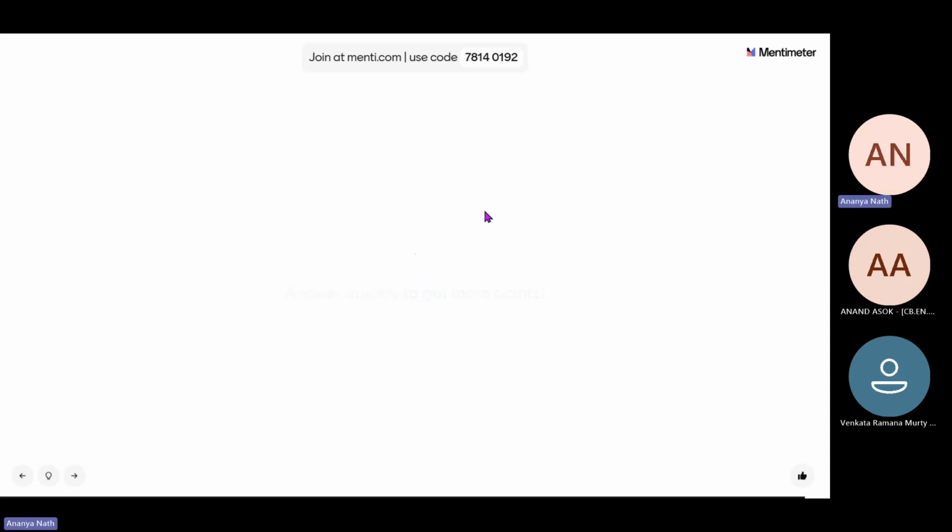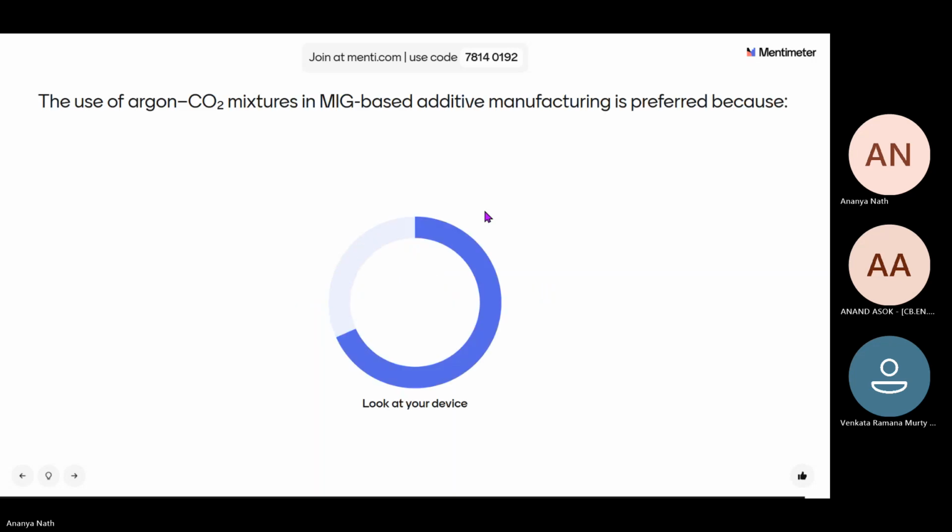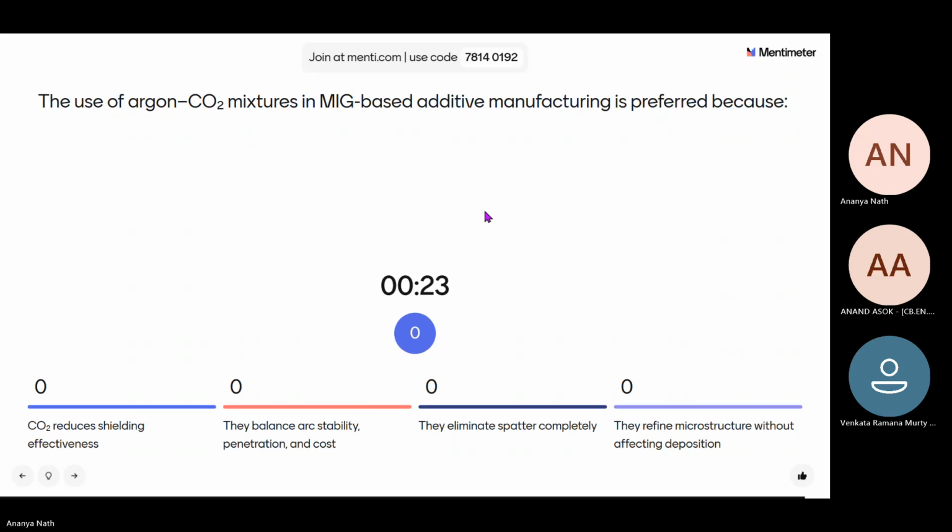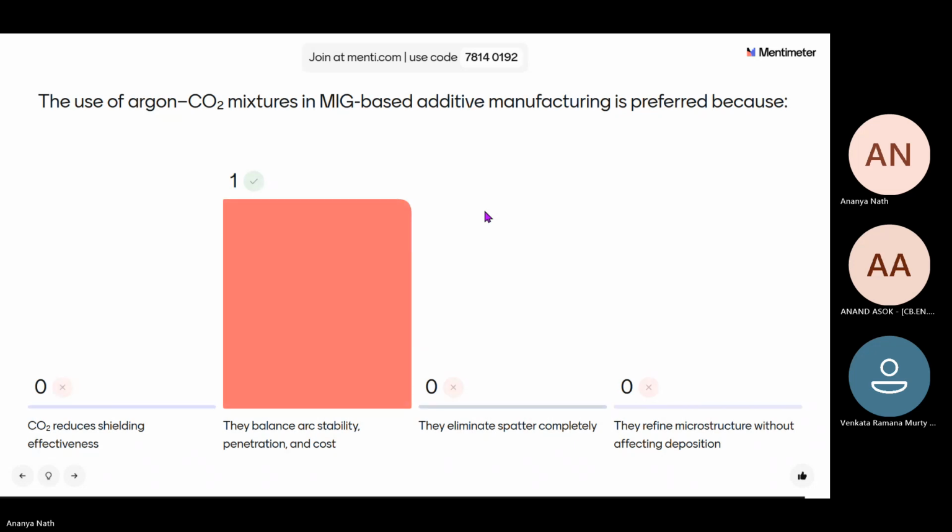Next is our last question. Yes, they balance arc stability, penetration, and cost.